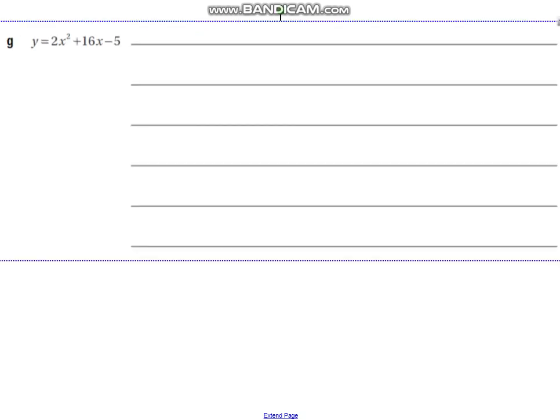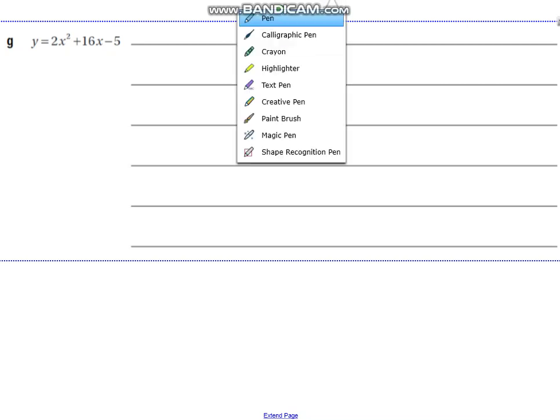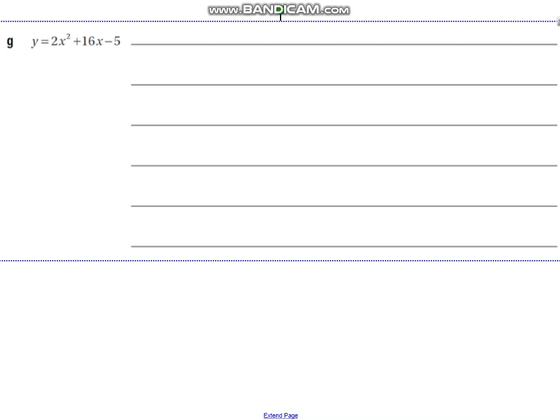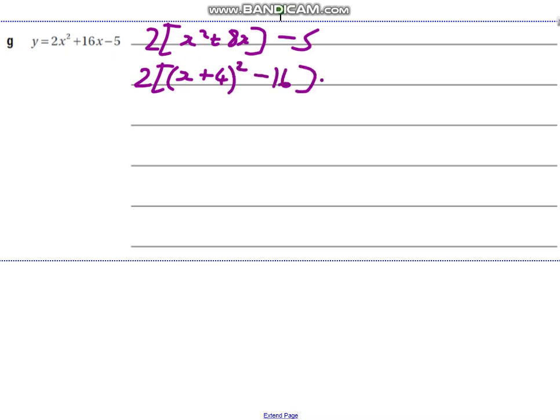Okay, almost there now. G, so this one again, a little cheeky factorise, so you bring out the 2 there, so it's 2 x squared plus 8x minus 5, and so we complete the square inside that, so it's 2 x plus 4 all squared minus 16 minus 5.